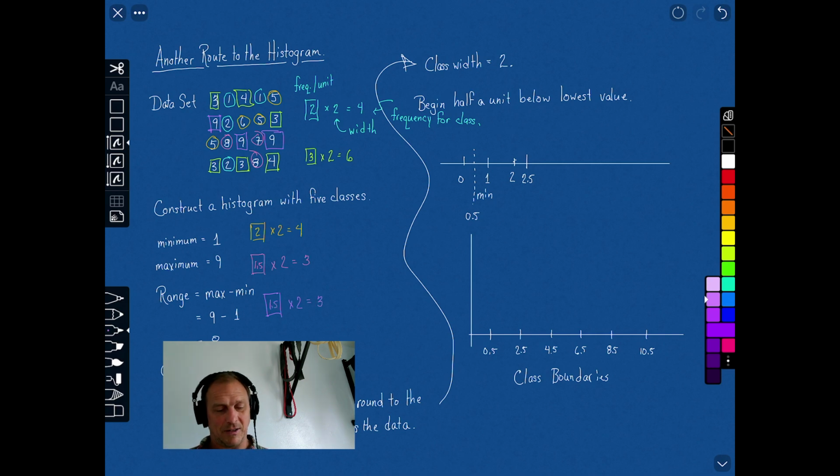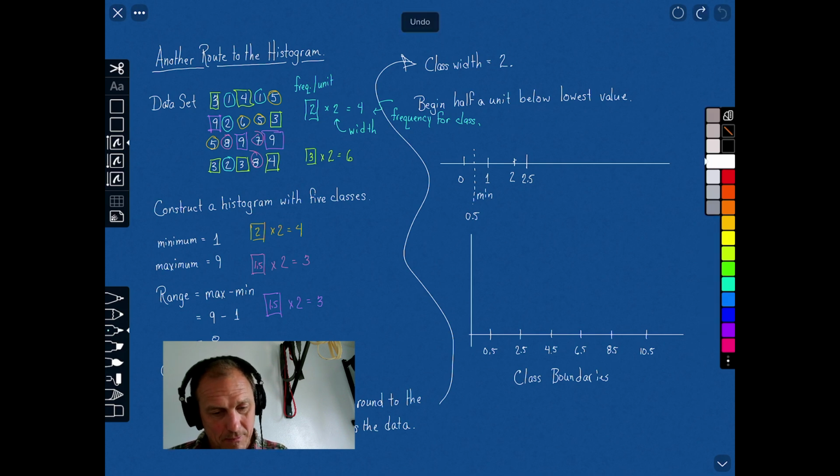So I'll match these up, and our blue class, we said, is 2. Oops, sorry, I got ahead of myself. So now our frequency per unit's in half units, so we're going to have 0.5, 1.0, 1.5, 2, 2.5.